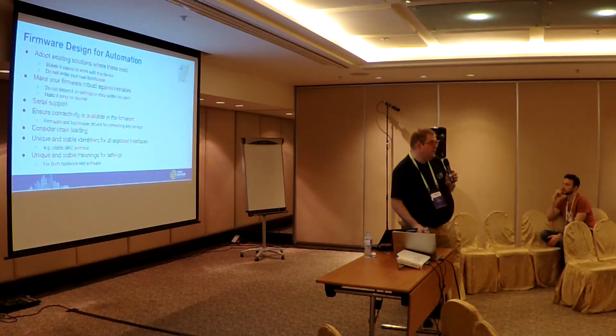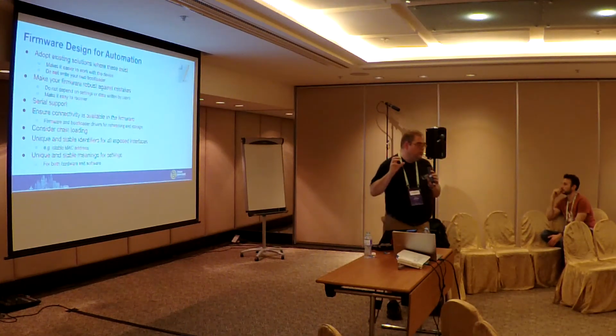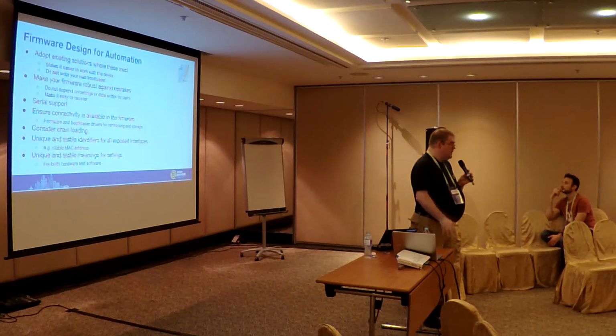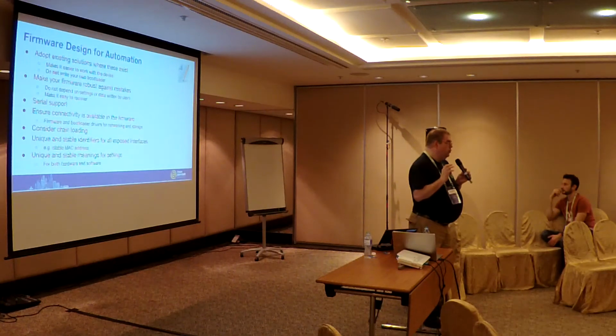And I'm repeating myself again now, but these are recommendations. Make sure that all of your interfaces have stable, unique, reliable identifiers. And make sure that all of your settings are stable and have consistent meaning across, say, different firmware versions.